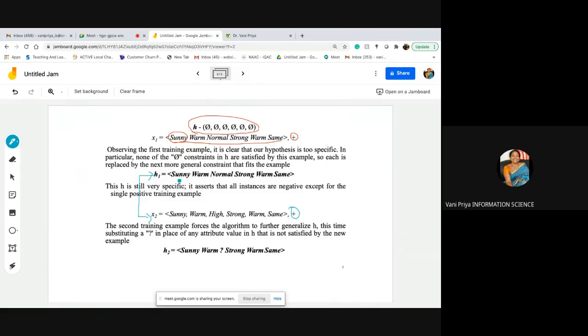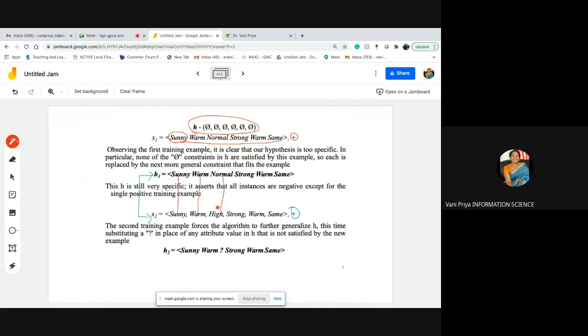Here this is sunny, this is also sunny, so there is no change as per the algorithm. This is warm, this is also warm, so there is no change. But here the hypothesis says it is normal, while in the positive training example it says it is high.